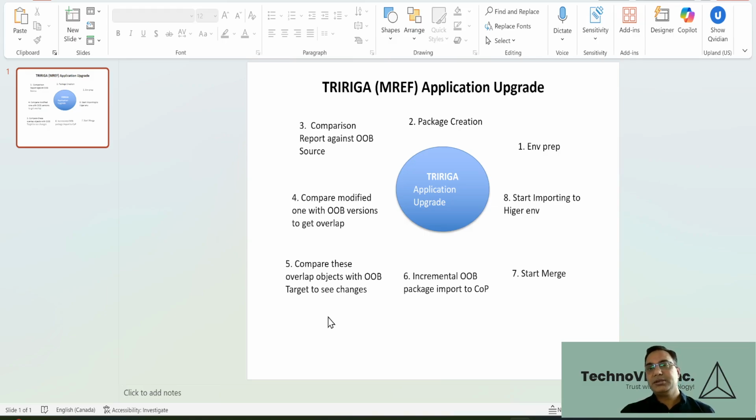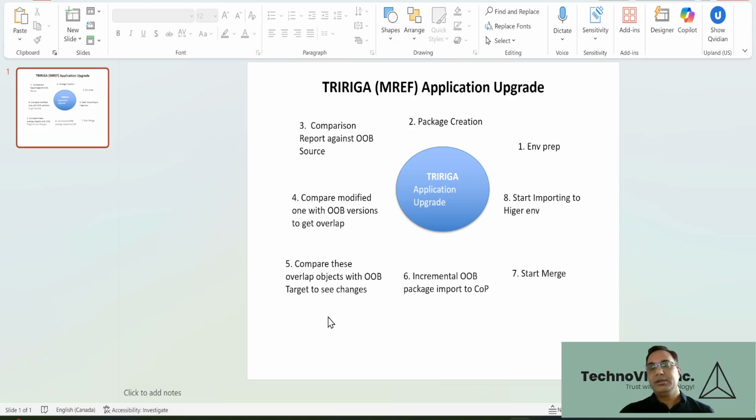When it comes to the application, we talk about business objects inside TRIRIGA, queries, portal sections, workflows, forms. These are the various types of objects which we normally configure during the course of using the application.